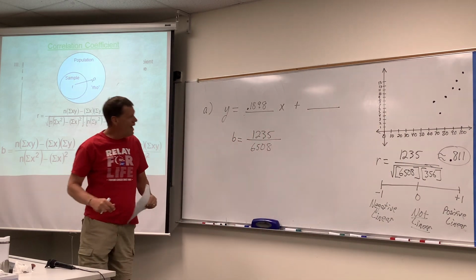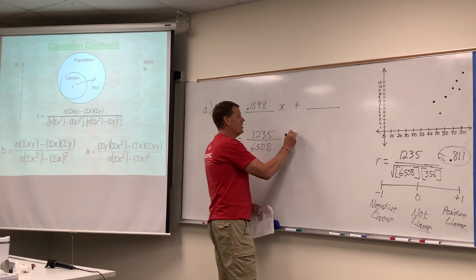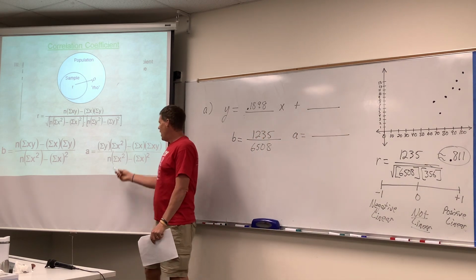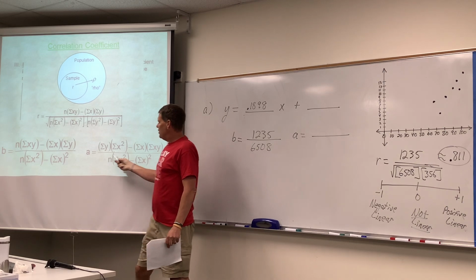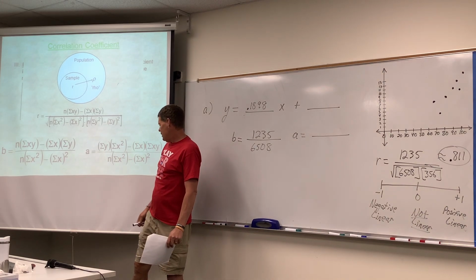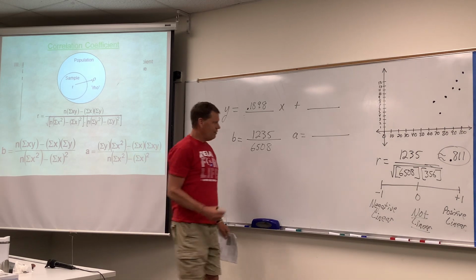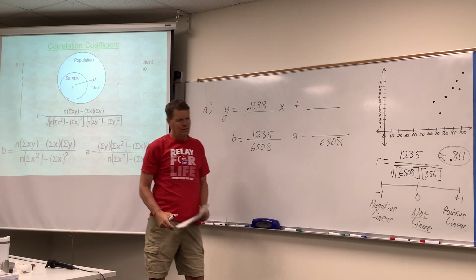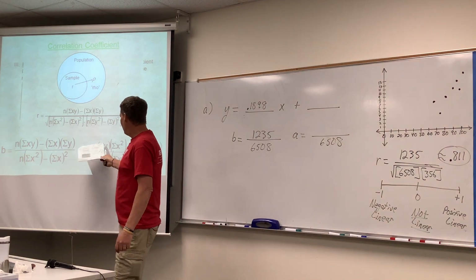All right? A, which in statistics is your y-intercept. I'll point out again that the denominator of a is the same as the denominator of b. All right? So, aren't they? Yeah? Yep, okay. So 6508. But this is where we have to go back and build the numerator from scratch.